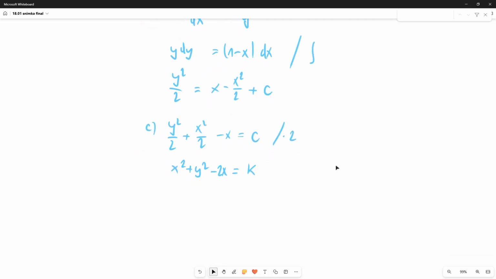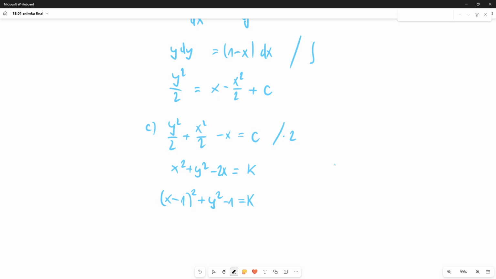But here it is quite obvious that we are dealing with an equation of a circle. This x squared and this minus 2x we will write down as (x minus 1) squared. But we borrowed 1 over here, so we have to be careful. We have plus y squared, and we would have minus 1 over here, is equal to k.